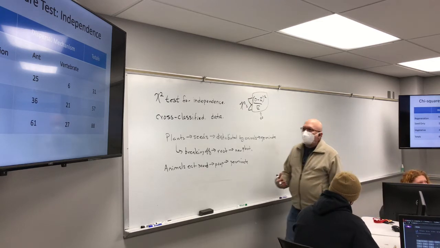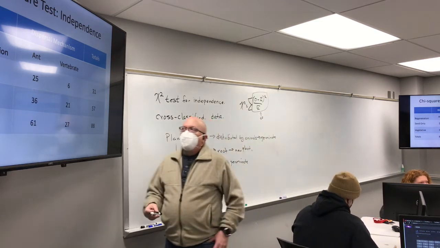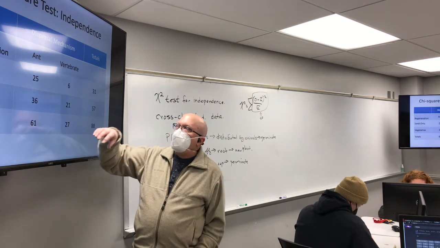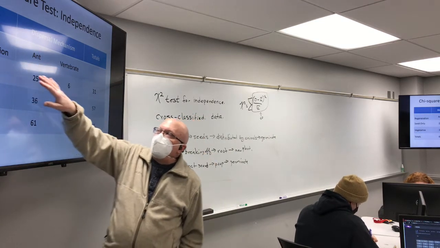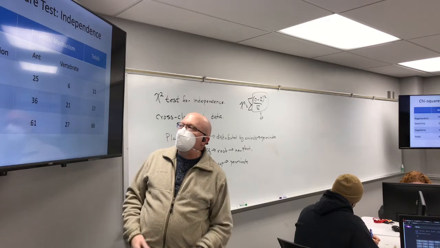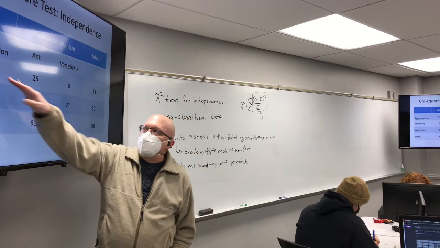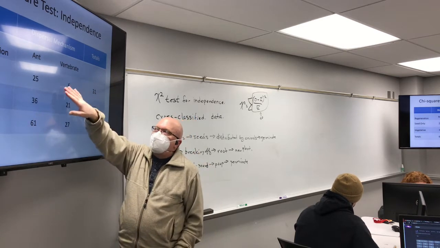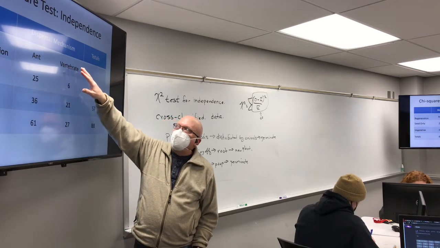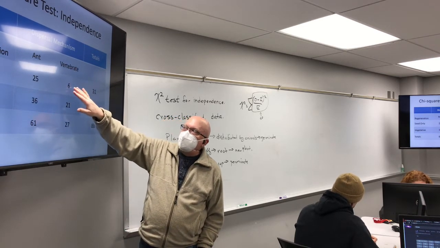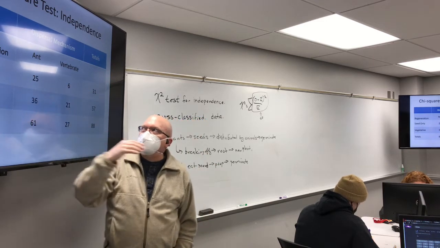And so what we have is this cross-classified table where 25 of the plants that were looked at in this survey are distributed by ants and only regenerate by seeds. Only 6 of these species are dispersed by vertebrates and produced by seeds.